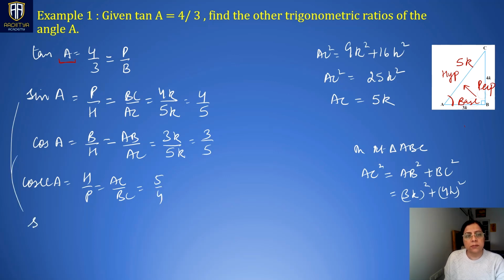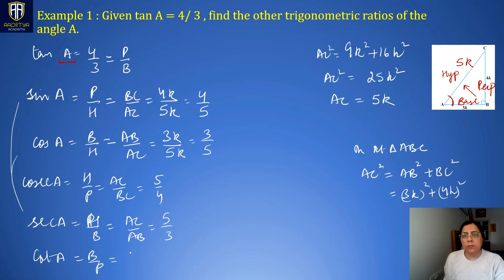Reciprocal of cos is secant. Sec of A is H upon B, which is AC over AB, and that is 5 by 3. And finally we have the reciprocal of tan, which is cotangent, or cot, which is B over P. B over P is base AB upon P, which is BC, which is 3 by 4.